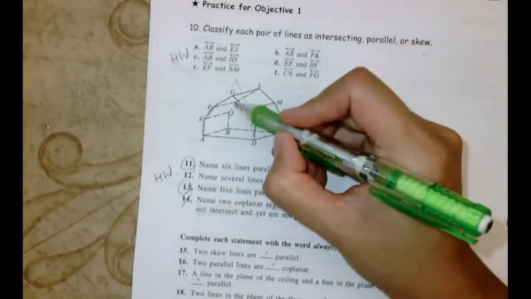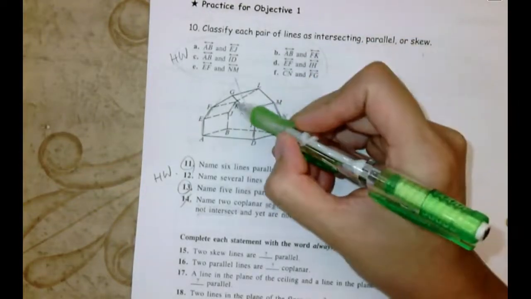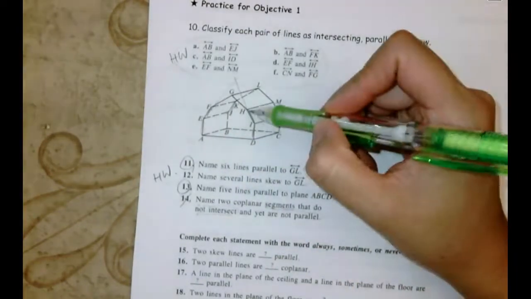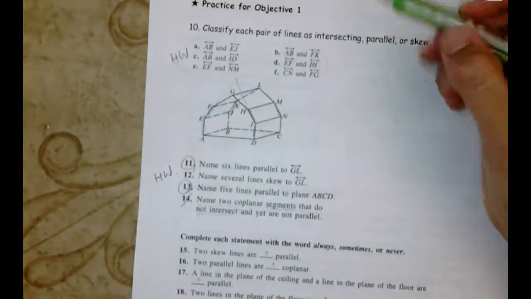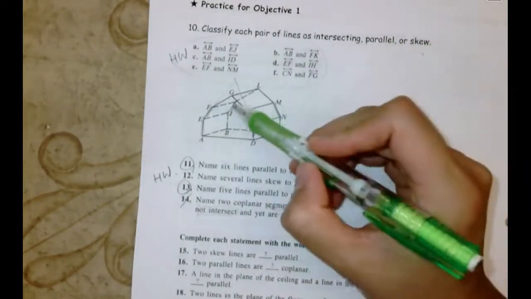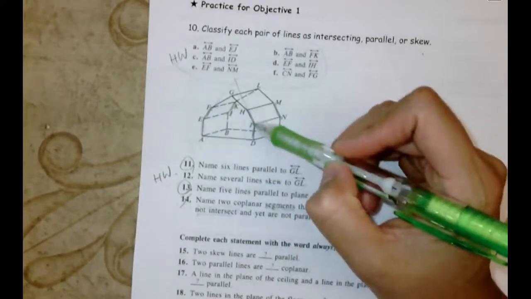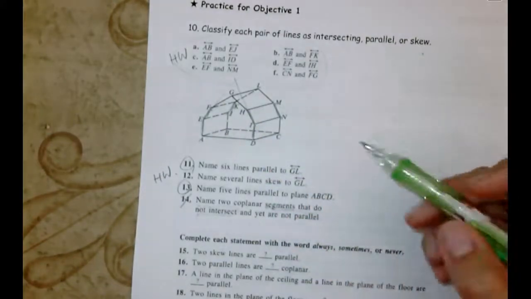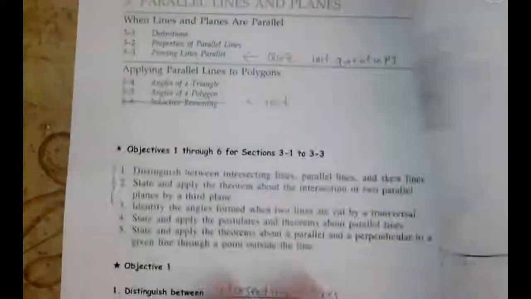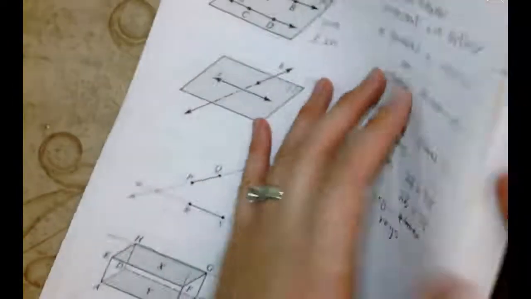I think it's just these two, MN and KJ, and HI and EF, since MN and HI are parallel. You see these are parallel and these are parallel, so I think that's the only pair. It's a little trick question because they do not intersect. They eventually will, but as segments they don't, just like this example right here. These segments didn't intersect, so that's what this problem is asking.